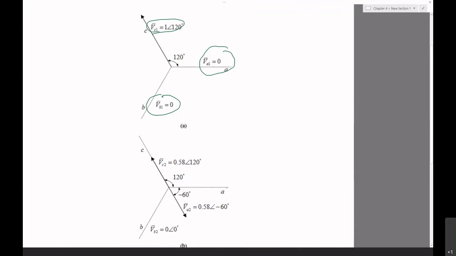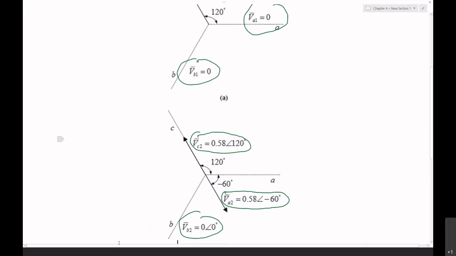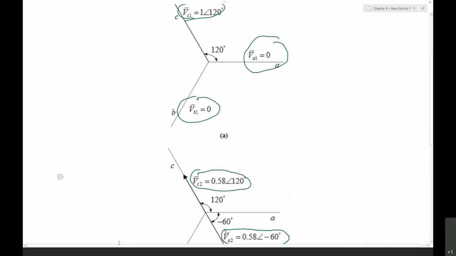With respect to the dotted line, we have a phase shift of minus 60 degrees for VA2, 0.58 at minus 60 degrees. VC2 is 0.58 at an angle of 120, whereas VB2 is the same. With these examples, it is clear that there will be a phase jump apart from the magnitude change. And also one thing you can observe, right?